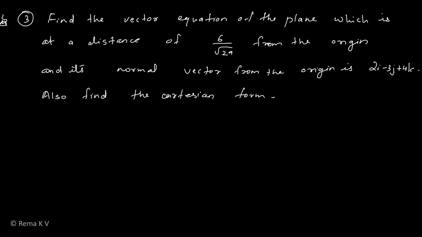So what about this vector? Since the magnitude is not equal to 1, it is vector n. 2i minus 3j plus 4k is vector n. Find out n cap from this.